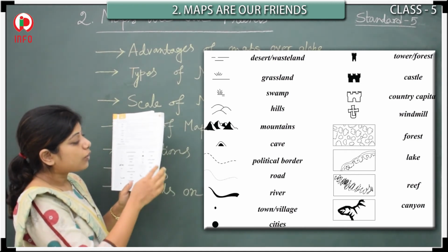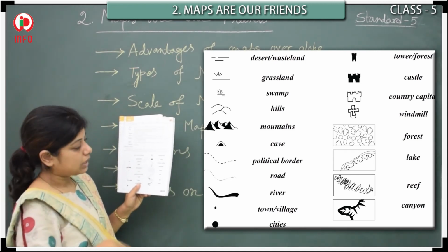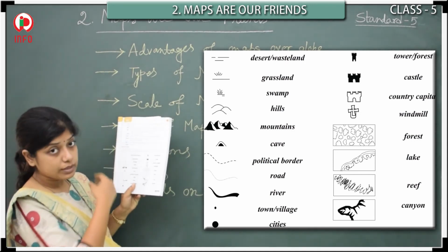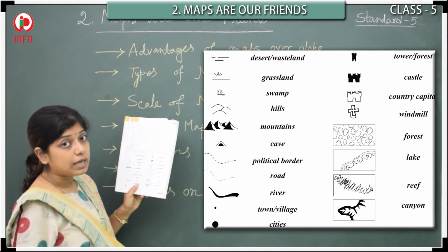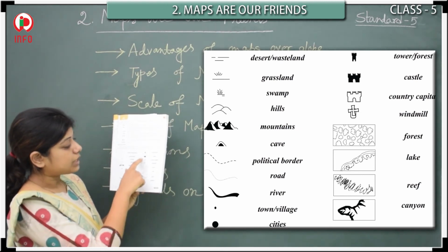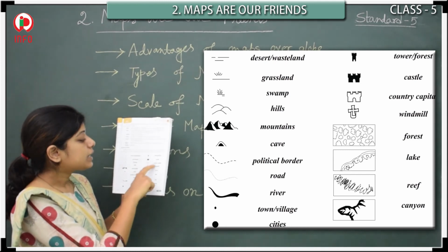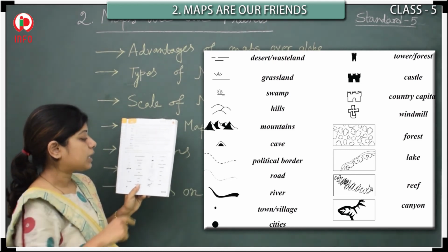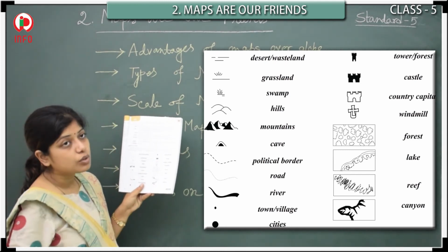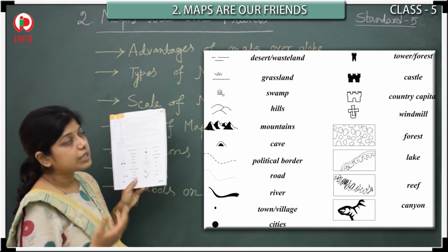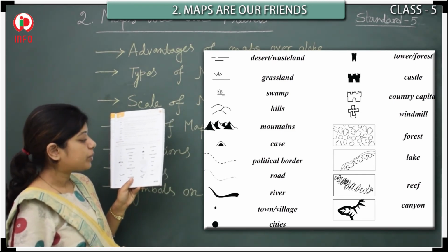Now the tower or any kind of fort. This one is represented with the help of this kind of tower sign. The castle, any kind of castle, is represented by this kind of sign. Next, the country capital. The country capital is also represented just like a castle but without any shade of color.